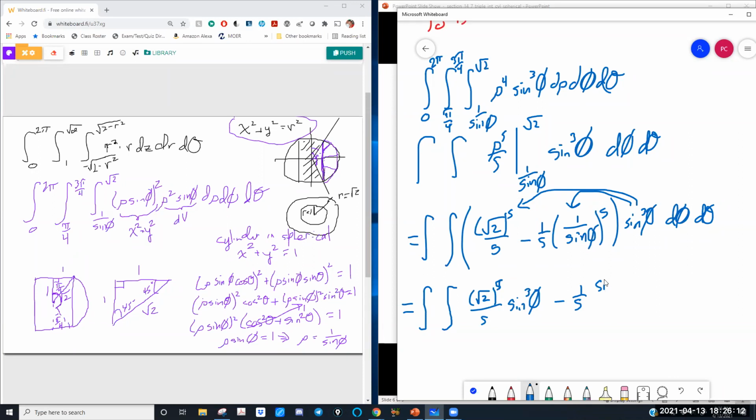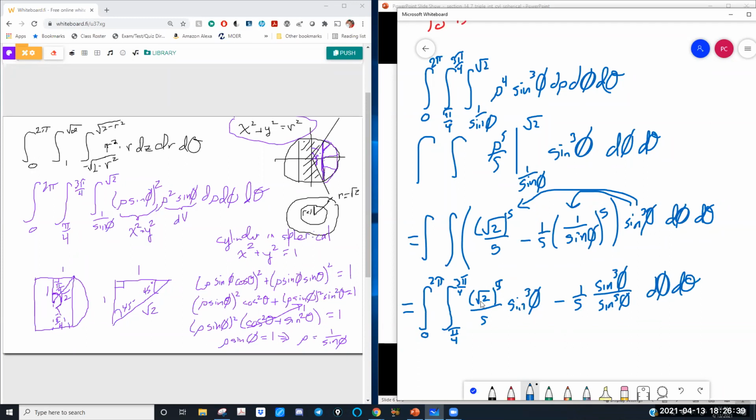We'll have a sine cubed phi over sine to the 5th phi, which we can simplify, d phi d theta. Again, from pi over 4 to 3 pi over 4, and then from 0 to 2 pi.